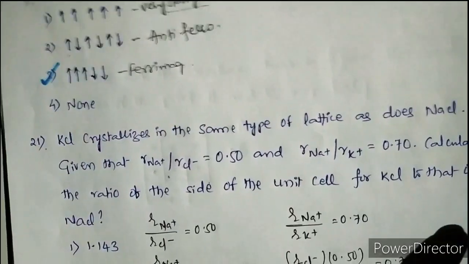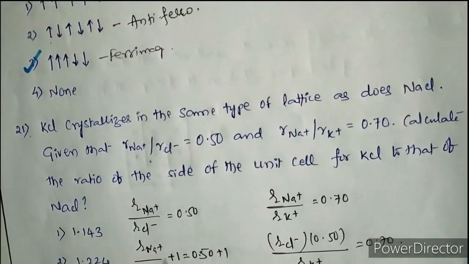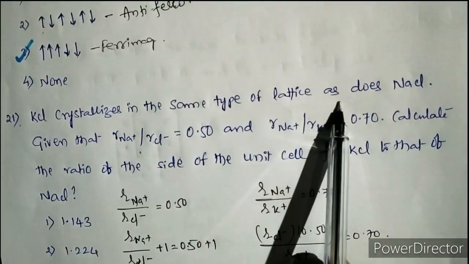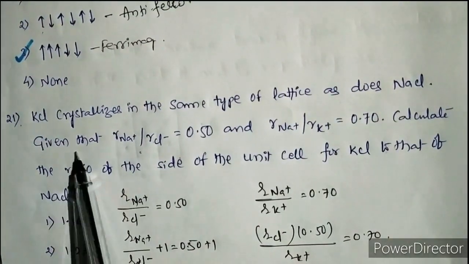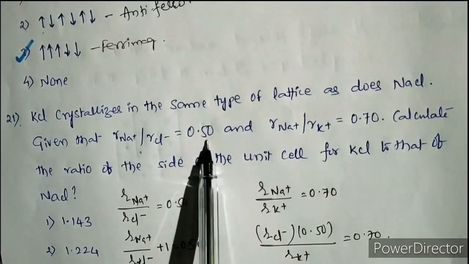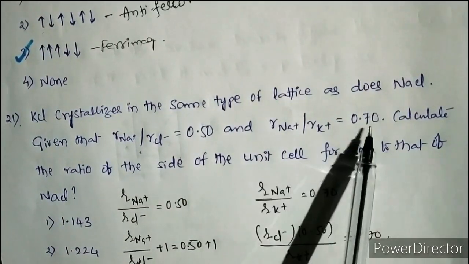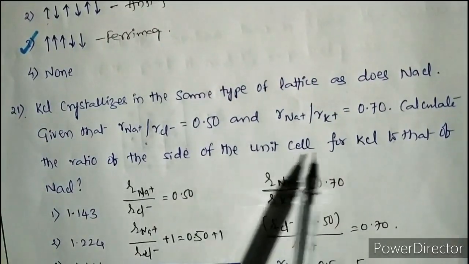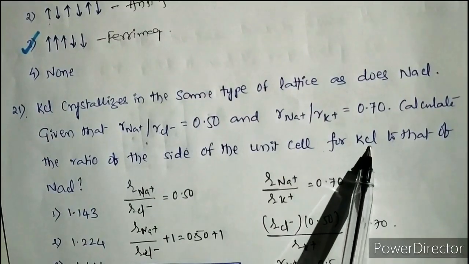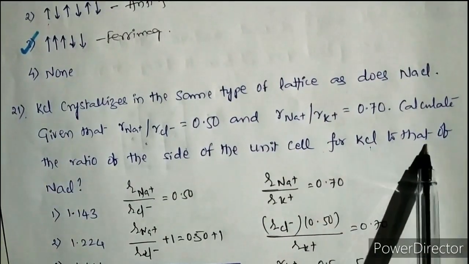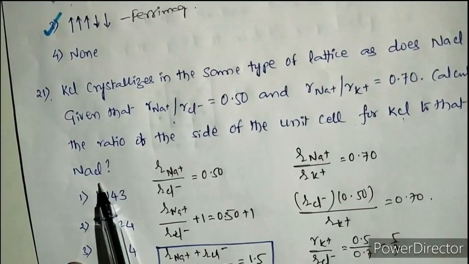Next one. This is a question. Potassium chloride crystallizes in the same type of lattice as does sodium chloride. Given that r(Na+)/r(Cl-) is equal to 0.50 and r(Na+)/r(K+) is equal to 0.70. Calculate the ratio of the side of the unit cell for KCl to that of sodium chloride.